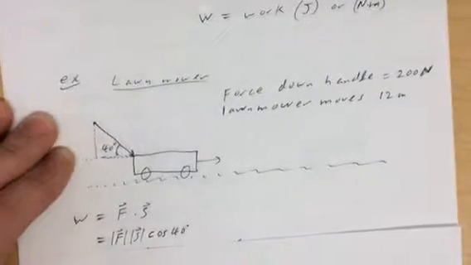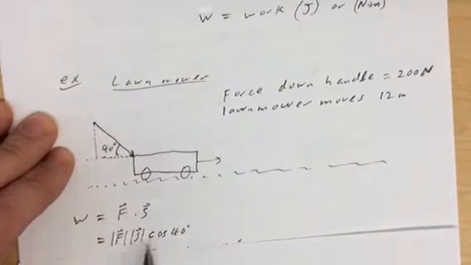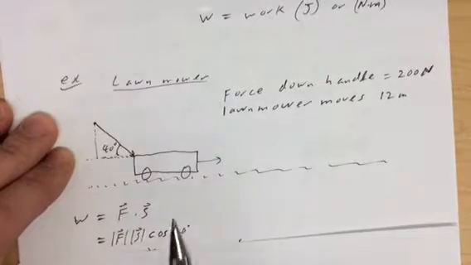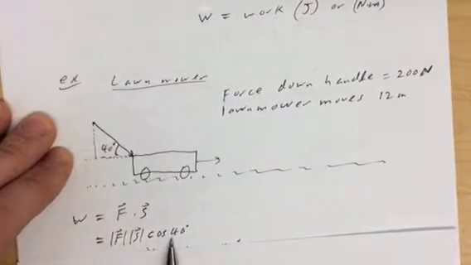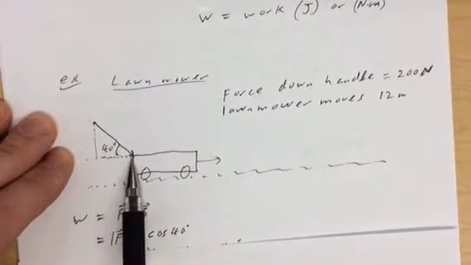Now we look at the formula. Work is force dot displacement. We put that in and we get magnitude of force times magnitude of displacement times cos theta. So the formula, magnitude of F times magnitude of S cos 40, is just the dot product. But magnitude of F cos 40 is really just the horizontal component of this force.